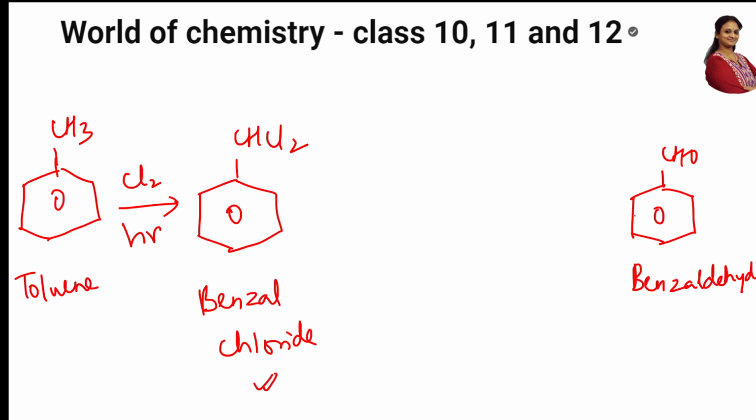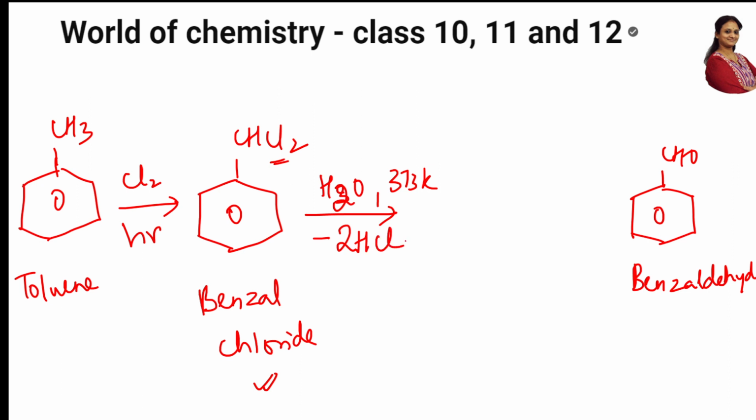Then I have to get this compound. From here to here, what will you do? You have to introduce this HO group, so you take hydronium ion or water. Hydrolysis at 373 Kelvin: when you do this hydrolysis, you will remove the chlorine atoms. How many chlorine atoms?